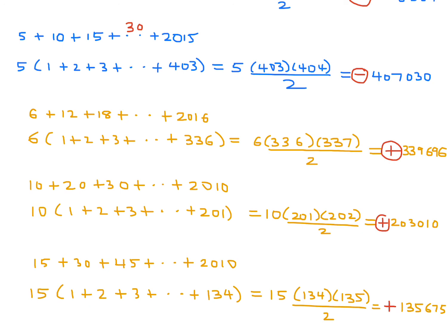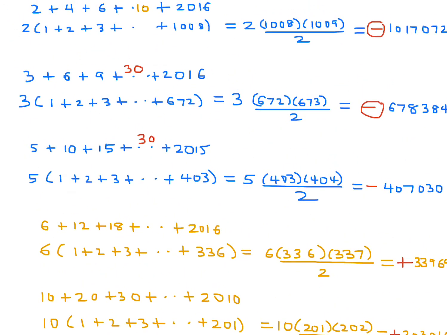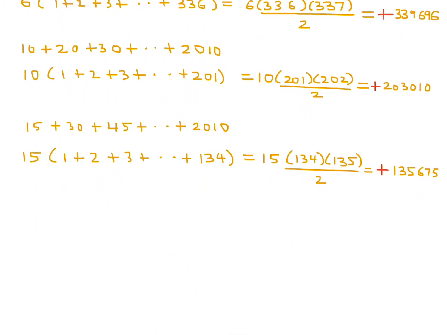We added it back here because 30 is a multiple of 10. We added it back again because 30 is a multiple of 15. So essentially we subtracted it 3 times and we added it 3 times. So we haven't really taken care of it yet. So we have to subtract it once at least. So that's what we're going to do.